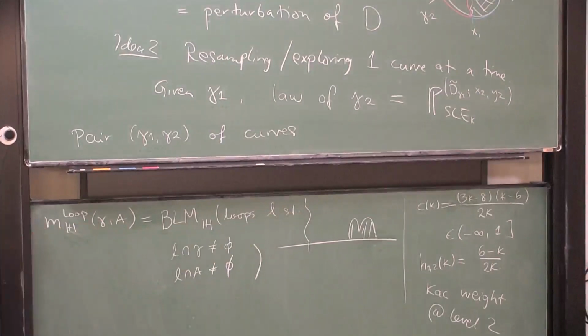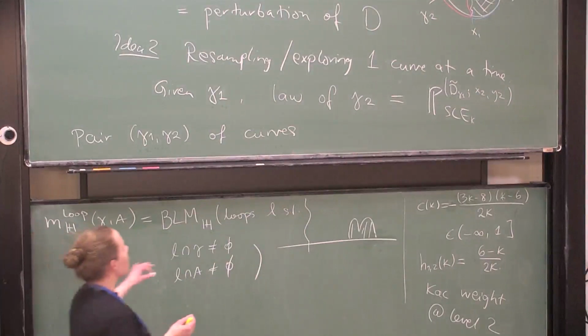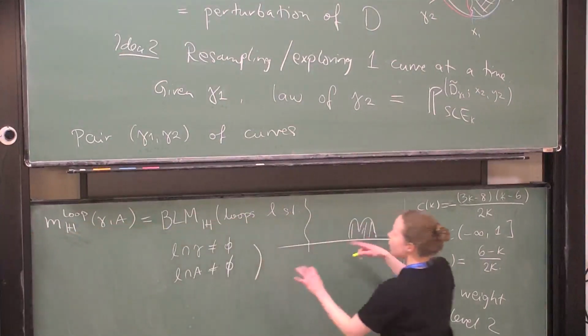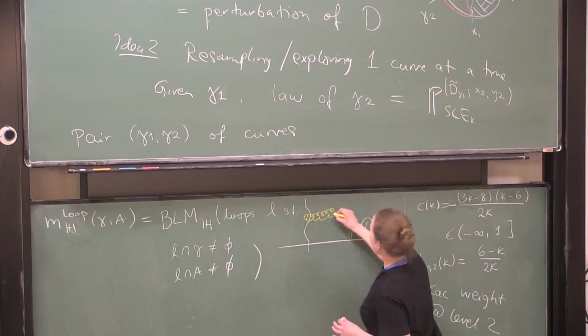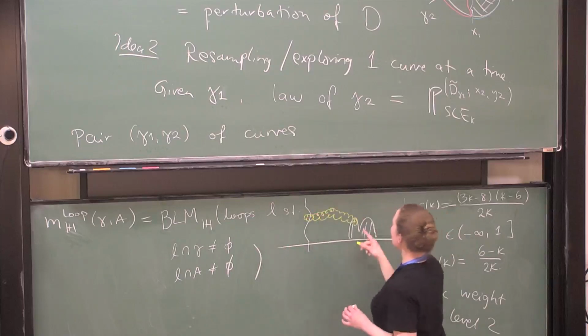So you can assign some measure on loops built from Brownian motion. And you look at the measure of those ones that are touching your curve and this other thing.